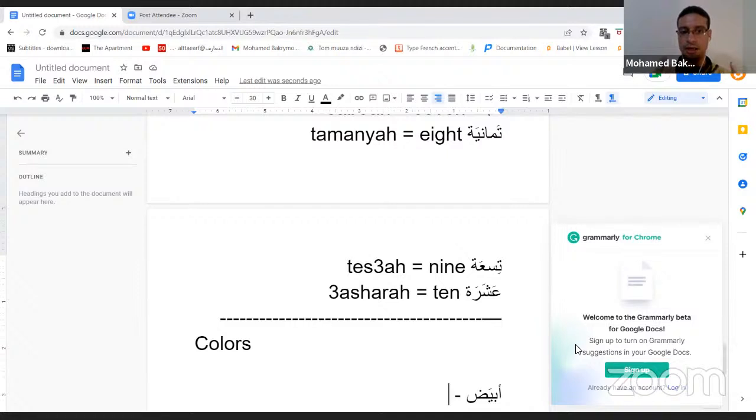So colors have a masculine form if you're describing something masculine, and a feminine form if you're describing something feminine. So here, أبيض is the masculine form of the word white, and then we have بيضة.